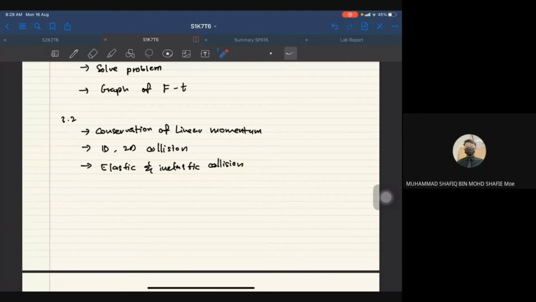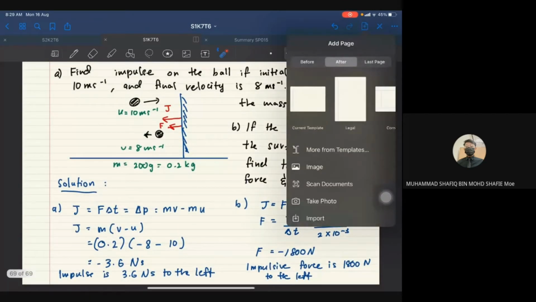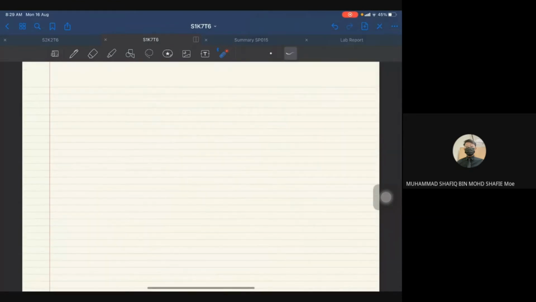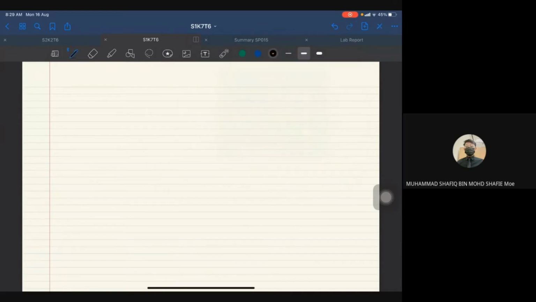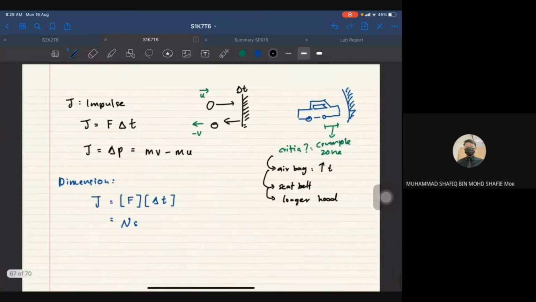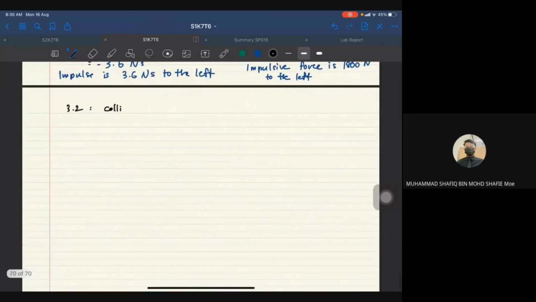Dia ada kriteria dia lah. So actually 3.2 is about collision. Actually tajuk dia apa 3.2 kalau kat sini kata conservation of linear momentum. Okay, I'm gonna change it.